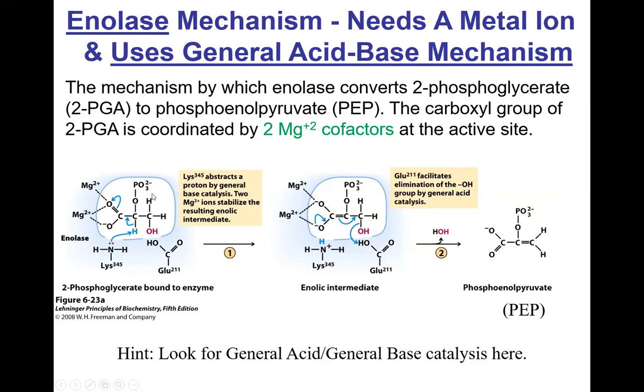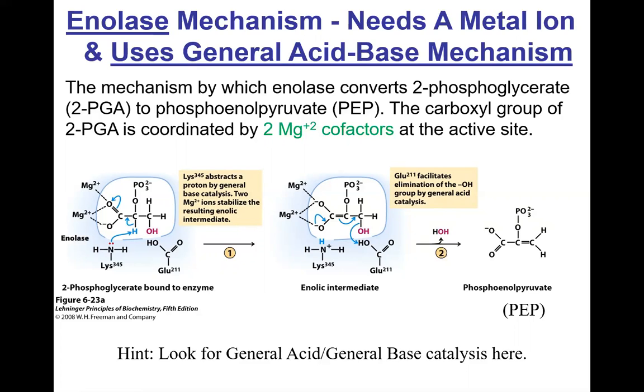When the substrate goes and binds, it positions itself in such a way that lysine 345 is acting as a general base. Think about it for a moment. Typically at pH 7, a lysine amino acid alone will be protonated, but not here in the active site of enolase.